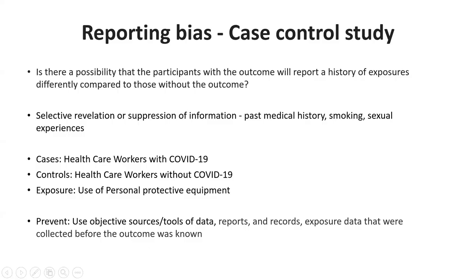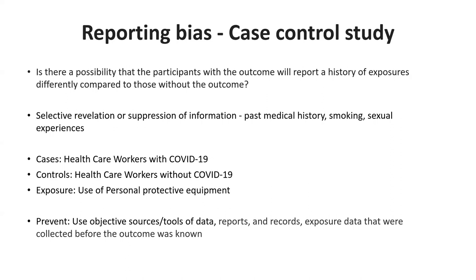now, if you do a case control study, you recruit individuals with and without COVID-19 and you ask them their history of personal protective equipment use. The way the healthcare worker who has had the infection will respond to the question would be different from that of the control. This might not be the true picture of the actual use of the personal protective equipment.